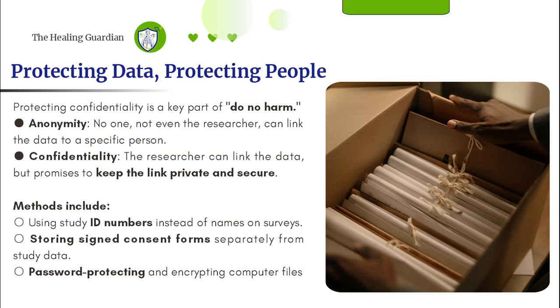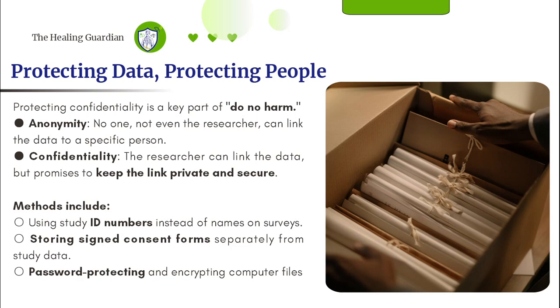Another ethical issue that is always looked at in the review of research proposals is the protection of the data and the people. Your research has to do no harm. So that is the key part of protecting confidentiality. There has to be anonymity, so that no one, not even the researcher, can link the data to a specific person.